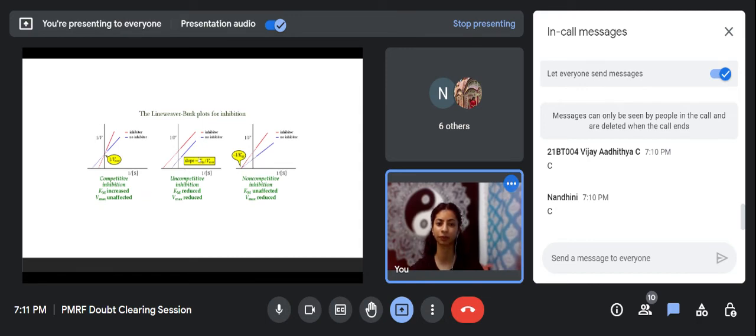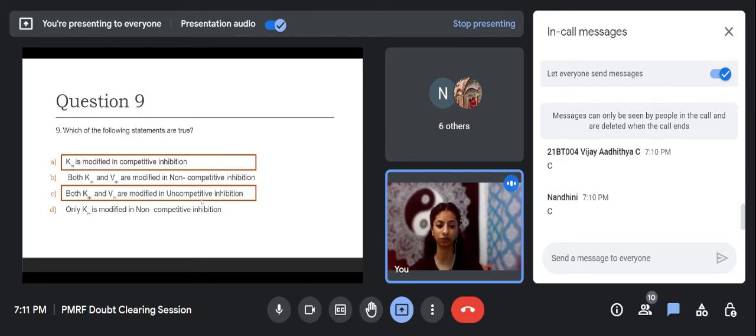Okay, so in uncompetitive inhibition, what you see is the intercept itself has changed, but the slope has remained the same. So Vmax is reduced and Km is reduced because the formula for the slope is Km by Vm, right? So even if one of those things changes, the slope will change, right? So in this case, Km is also reduced and Vmax is also reduced.